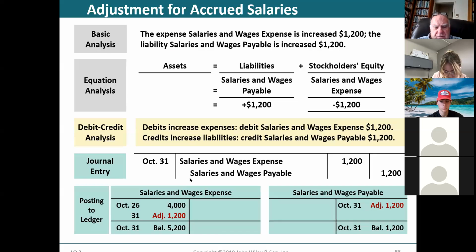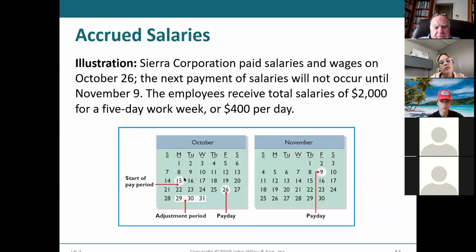So on the 15th through the 25th, the 26th is the end of the pay period. Starting with the 29th, the 30th and the 31st, we have to say to ourselves, this person earned the money in October. That's where the expense begins, October, not November.